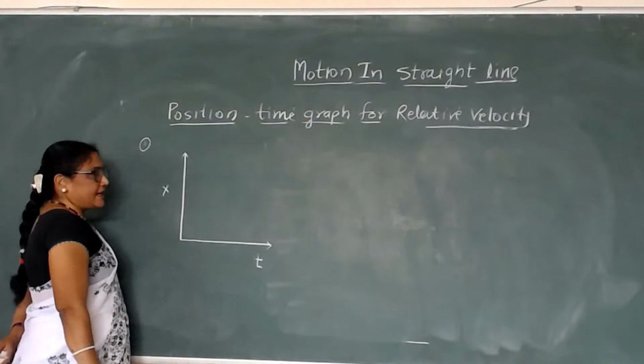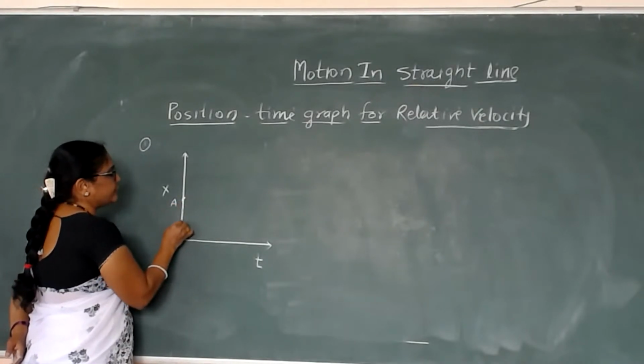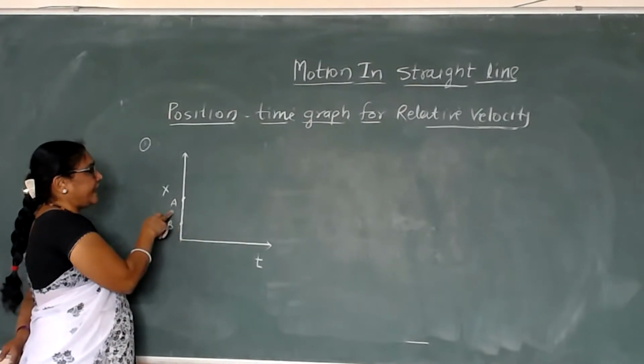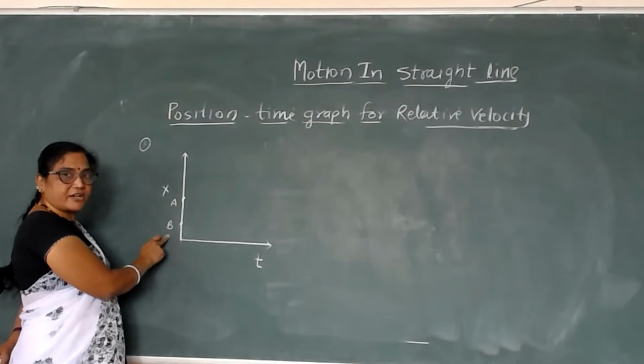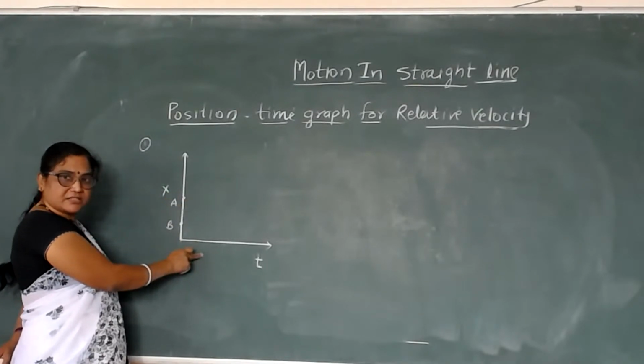If there are two objects, the first object A and the second object B, the velocity of the first is VA and the velocity of the second object is VB. The rate of change of displacement is known as velocity.